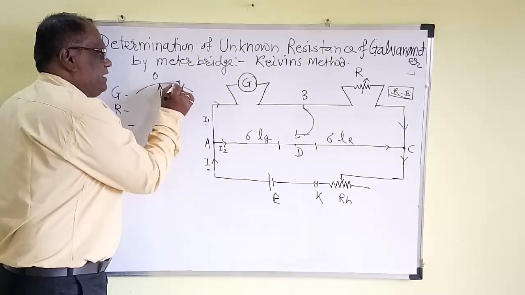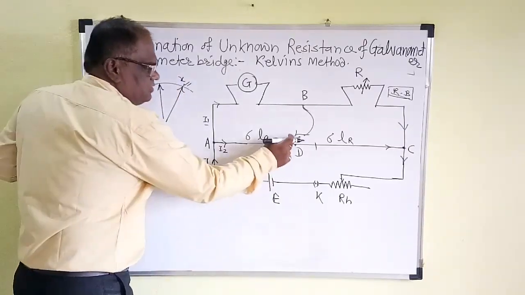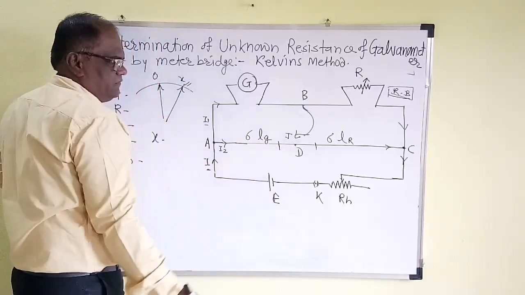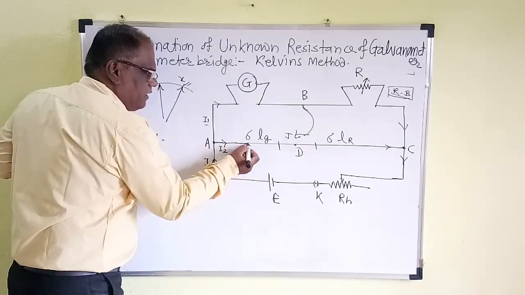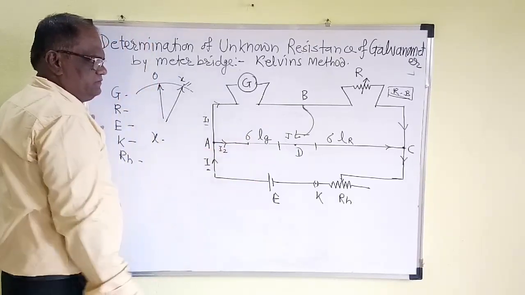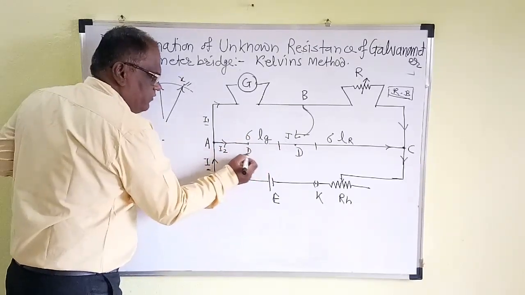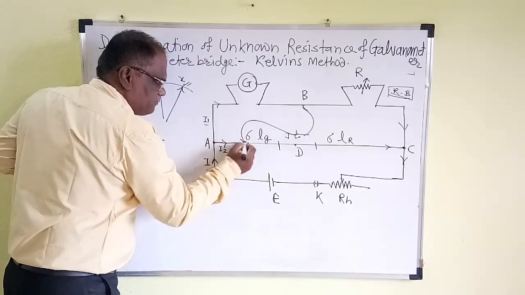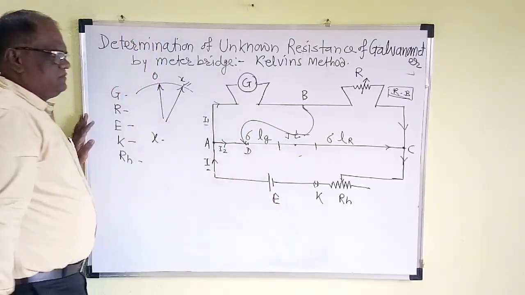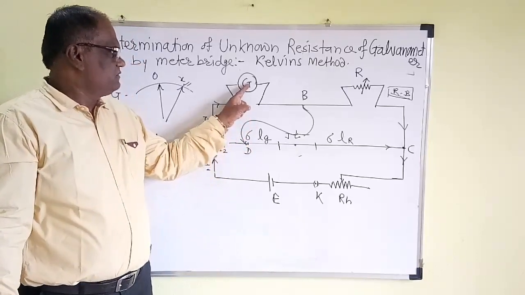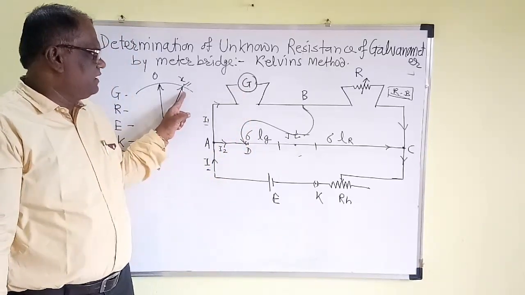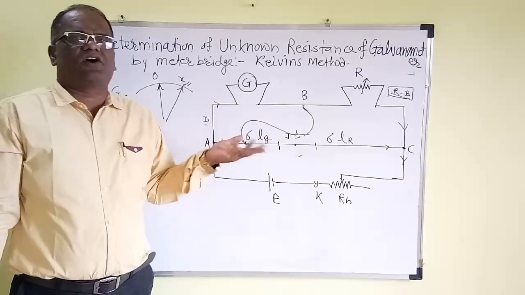Let it be X. Now, this jockey when touched the wire at point D, when we touch this jockey at this point, this deflection in the galvanometer either increases or decreases.